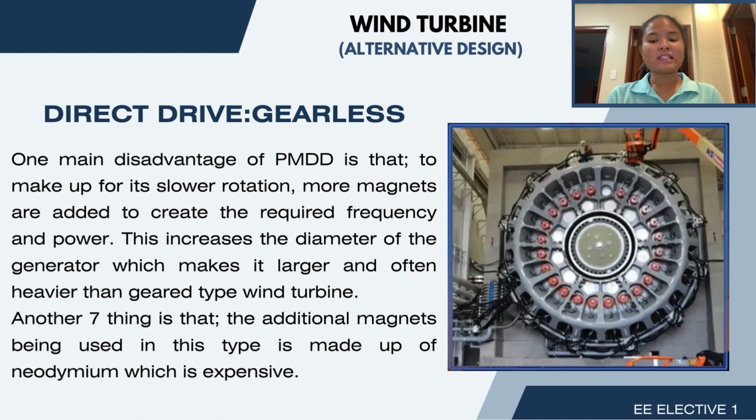Kaya yung dami ng magnetic poles is makakagawa na siya ng malaking generator compared sa laki ng generator ng gear type. Kaya sobrang taas din ng presyo nito kesa sa gear type kasi nga, nabanggit ko din kanina, it is made up of permanent magnet which is came from China. So, talaga mapapamahal yung gastos nito para makagawa ng isang gearless type of wind turbine.